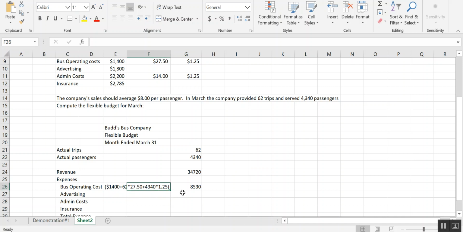For our next cost, advertising, there is no variable portion of the cost. It's just $1,800.